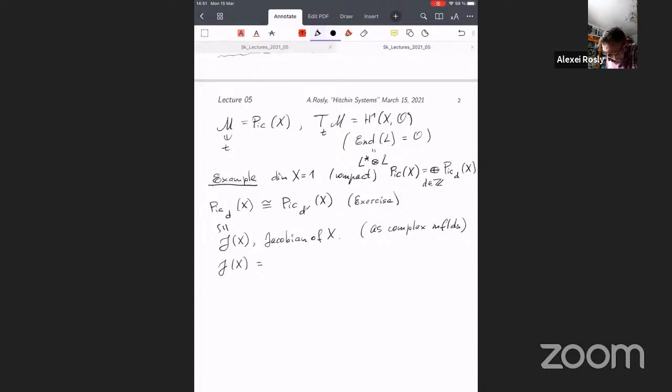As an affine space or vector space, we should take H^{01} of the curve, Dolbeault cohomology of degree (0,1), and take the quotient with respect to the lattice, which is isomorphic to the integral cohomology of degree 1.